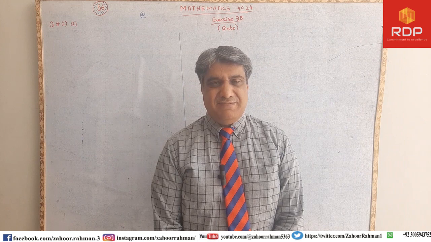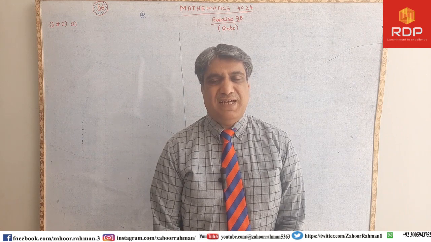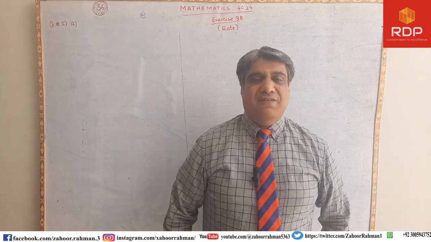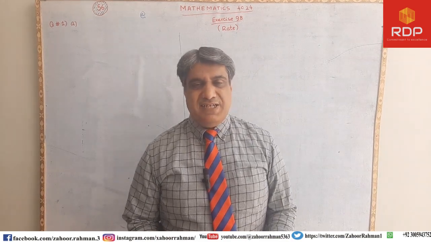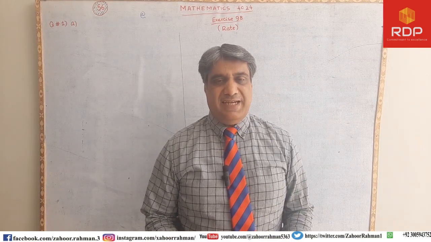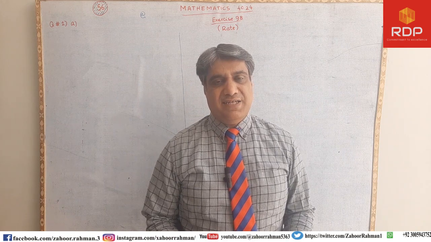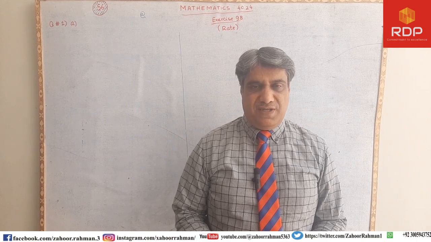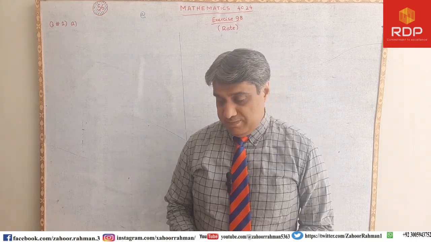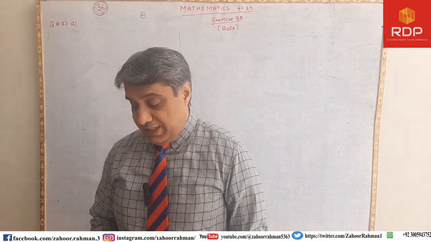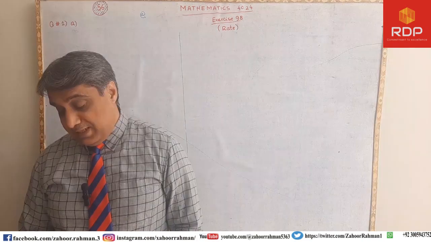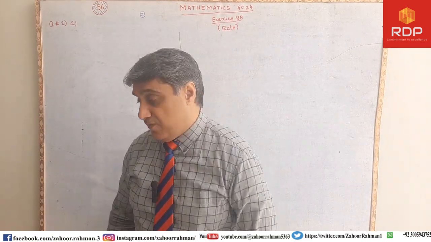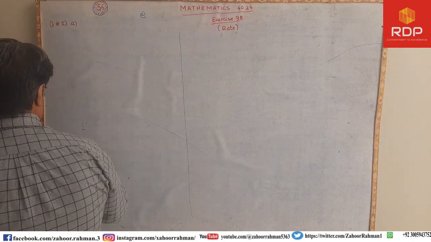Ladies and gentlemen, here we will discuss questions related to rate, and we are starting exercise 9b, in which question number 1, in part A, says: a typist types 1800 words in 1 hour.